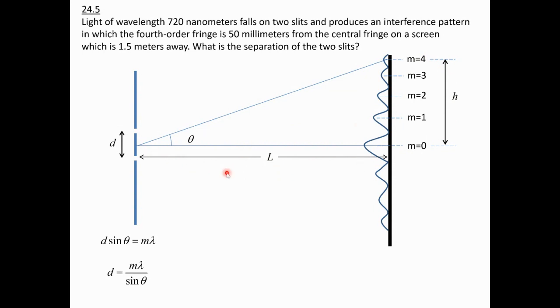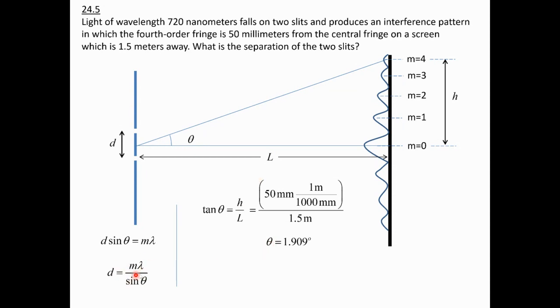So clearly not drawn to scale, right? But it is drawn in such a way that you understand that we have a right triangle here. So the tangent of the angle is H over L. Plug in the 50 millimeters for H and the 1.5 meters for L. It converts so that the units are consistent, and we can solve for the angle, and it's a little bit less than 2 degrees, 1.9 degrees.